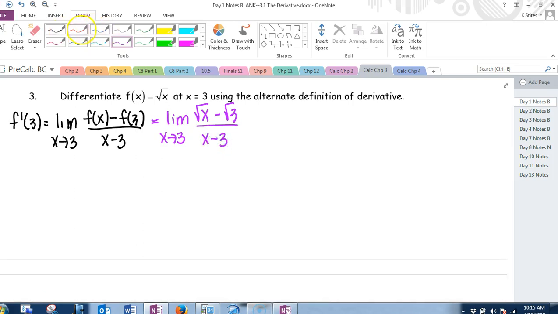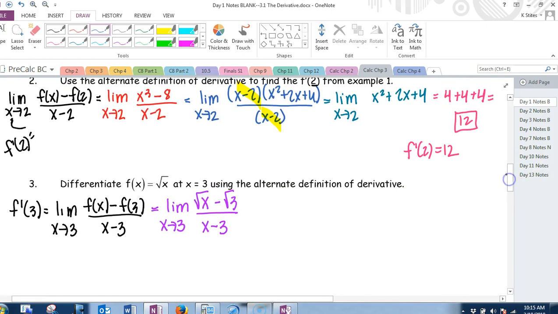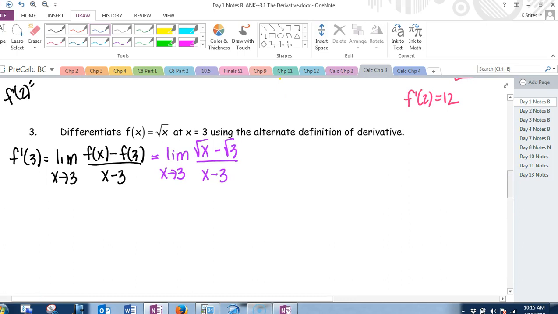This problem is kind of going to be a pain either way because you have the square root of x. Unlike above, you can't factor this, nothing cancels, so you kind of have to force this to cancel. Remember in Honors Algebra 2, one way that we manipulated an expression was to multiply by the conjugate.